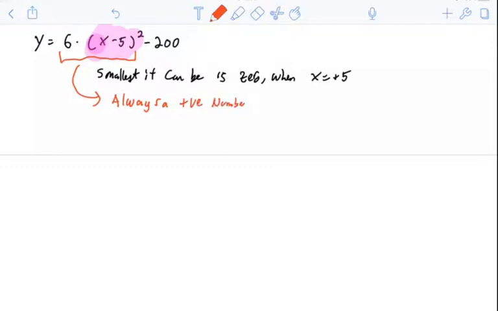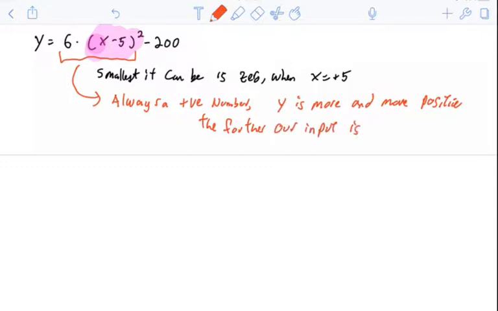And so y is more and more positive the farther our input gets from x is equal to 5. So the farther away our input is from that number, the bigger the output is going to be. And so that value, minus 200, is the minimum output of the function.